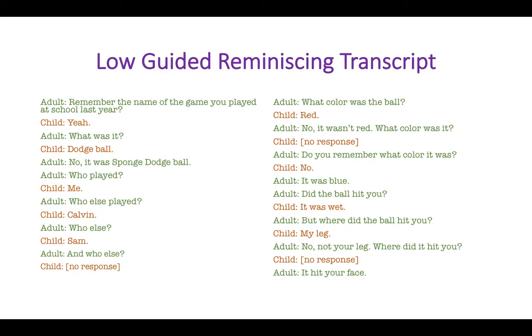Here is an example of an adult using low guided reminiscing with a child who has an overall low amount of talk. This example is portrayed in the video on the following slide.